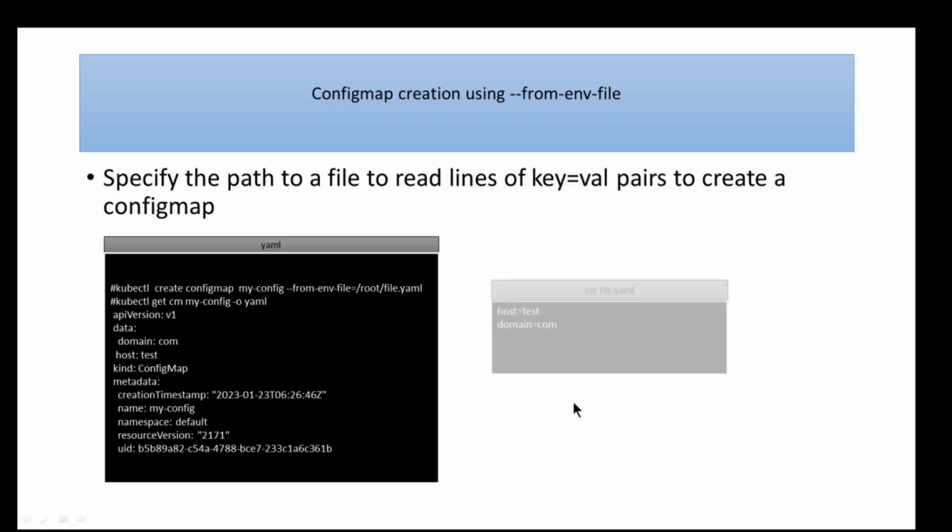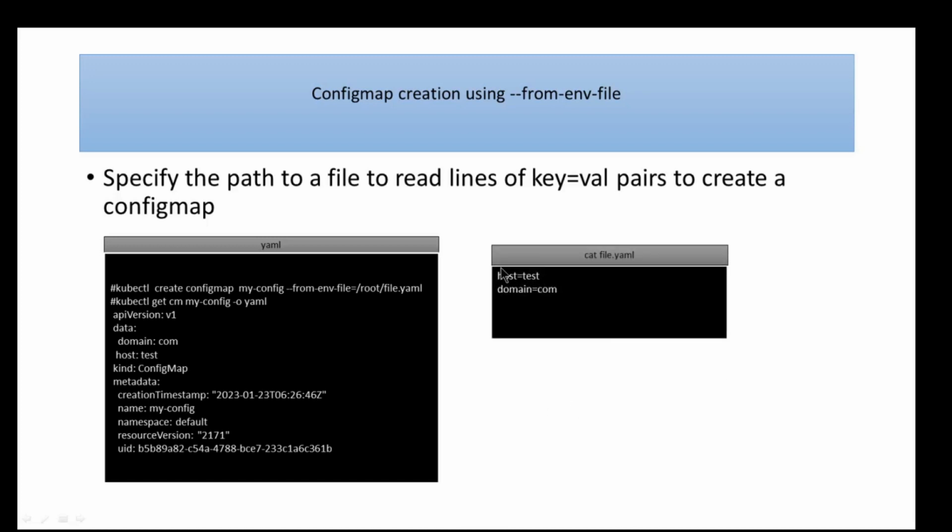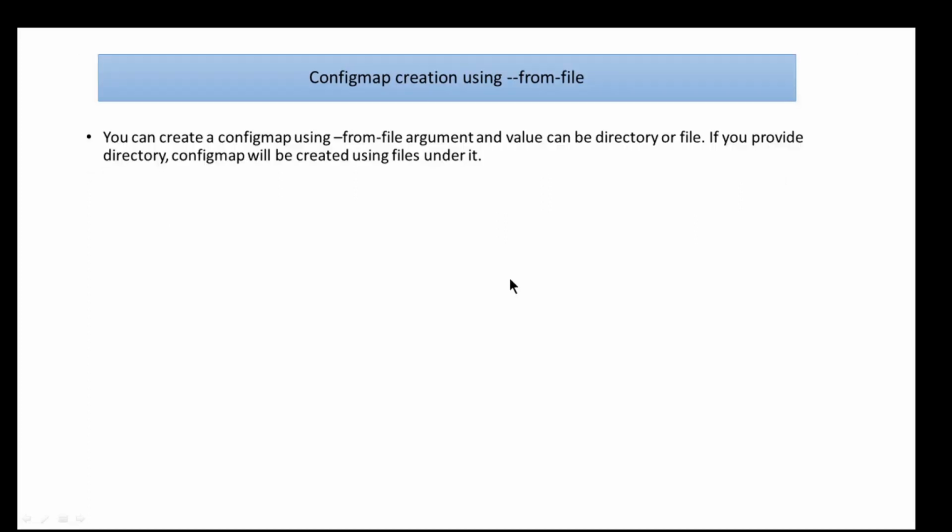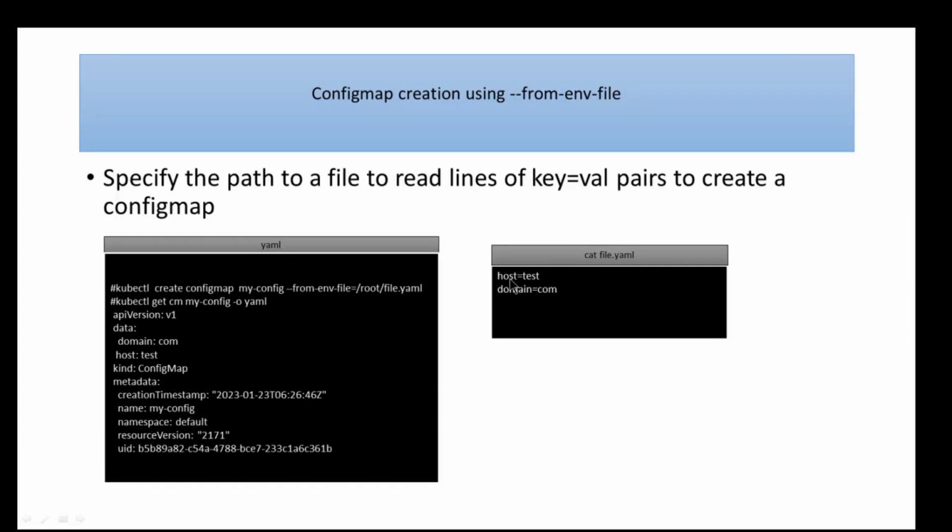So how does your file look? Your file should look like this: host=test, domain=com. So host is the key, domain also is the key, test is the value, com is the value. It reads the file and puts it like this, domain com, host test. That comes under your data field.